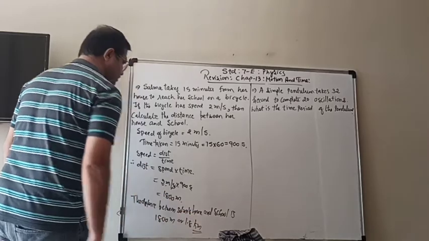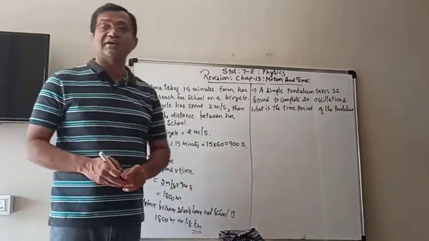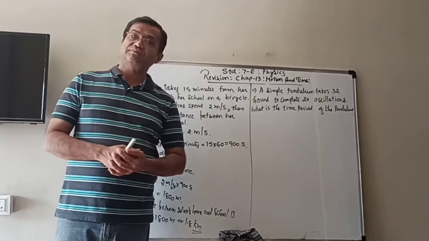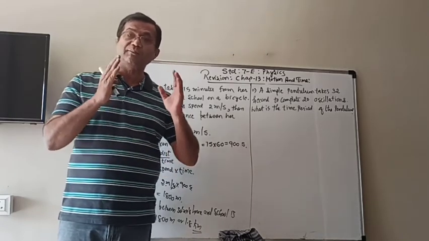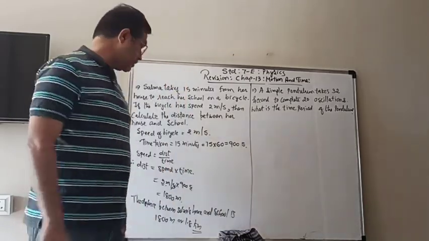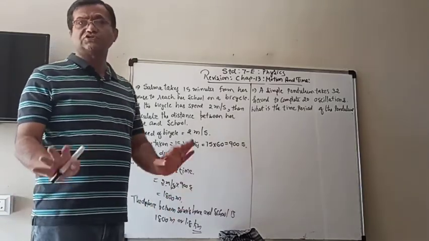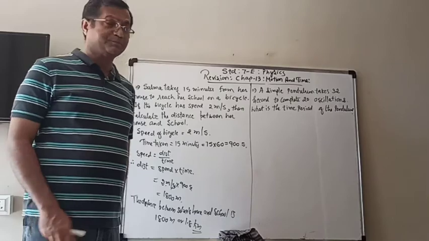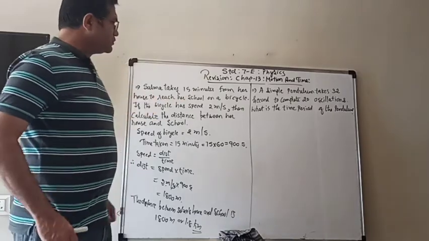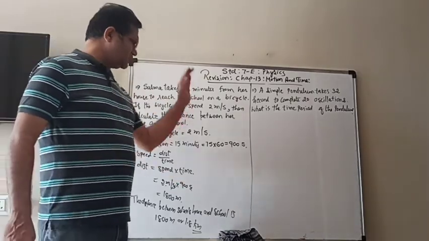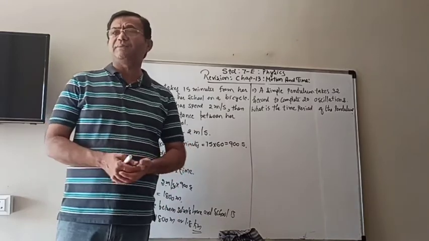If you convert it into the kilometer by dividing with 1000, you can say that it is 1.8 kilometer. Or if you write down 1800 meter, also not a wrong answer. Now, similarly, you can do the other examples if given.